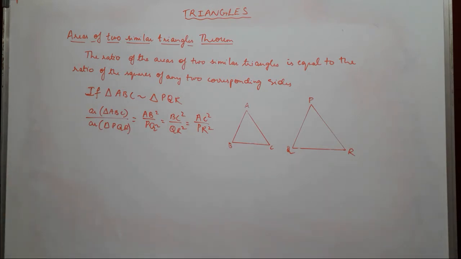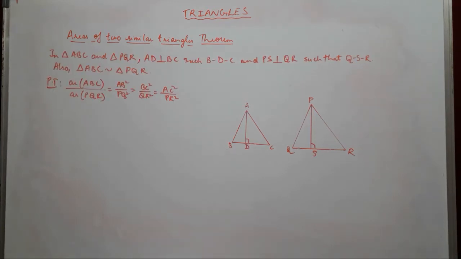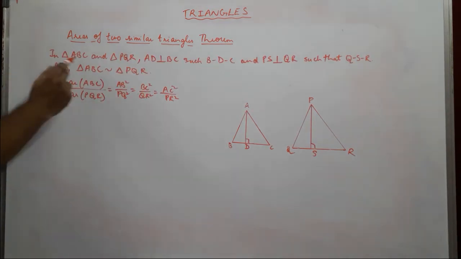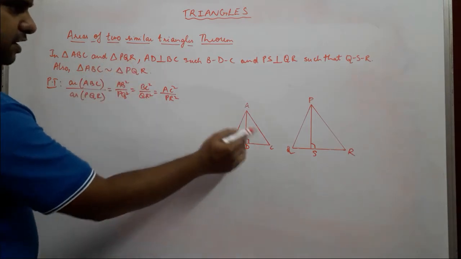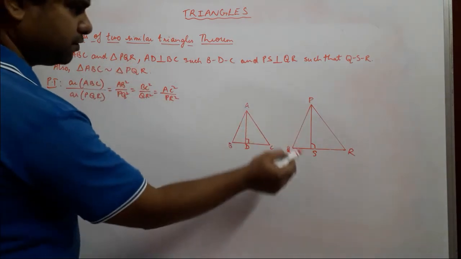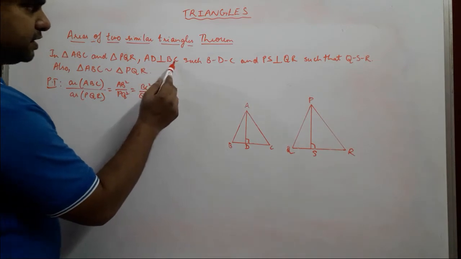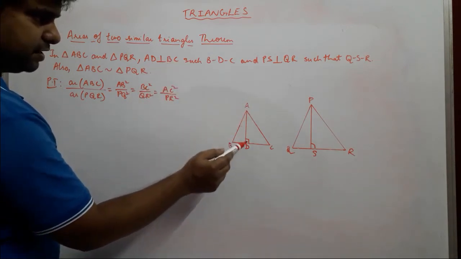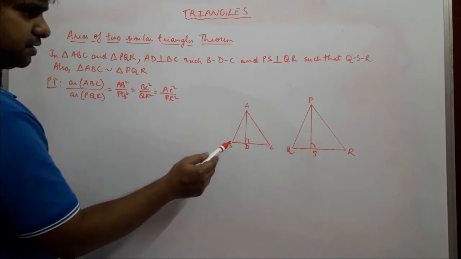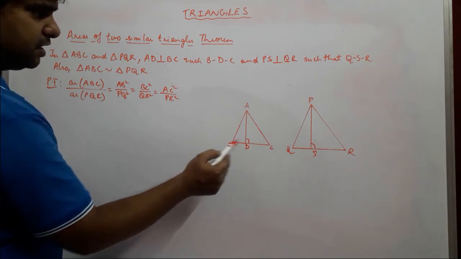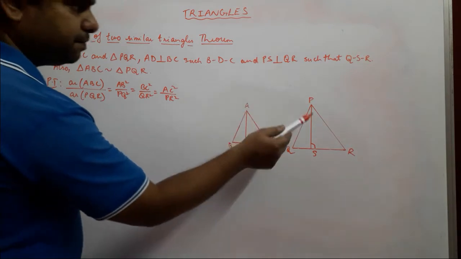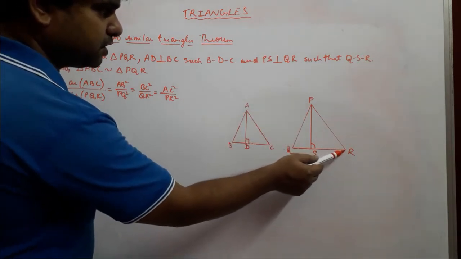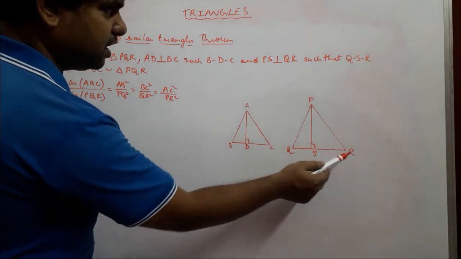So let's go ahead and prove this theorem. We are given triangle ABC and triangle PQR, where AD is perpendicular to BC such that B, D and C are in line with each other, and PS is perpendicular to QR such that Q, S and R are in line together.